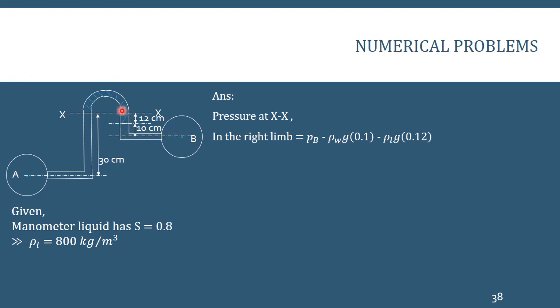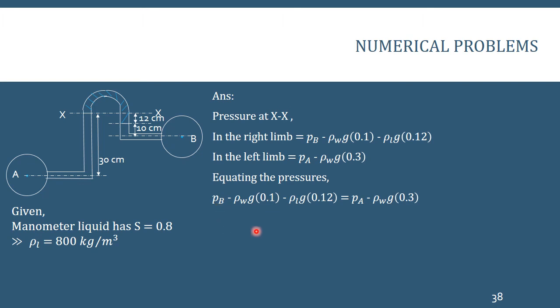So the pressure at XX in the right limb is PB minus rho into g into 0.1 minus rho liquid into g into 0.12. And in the left limb, it would be PA minus rho A into g into 0.3. So this is the pressure in the left limb and the right limb. You can see the difference that it is actually reducing. Now these pressures are equal, so we can equate them.